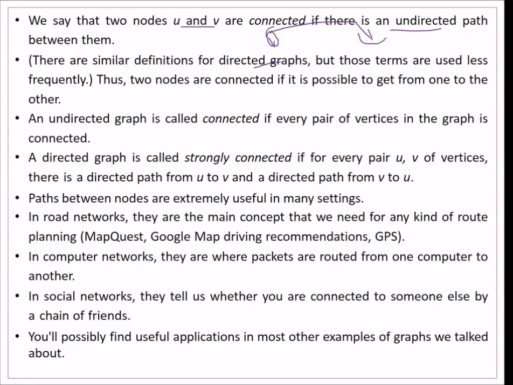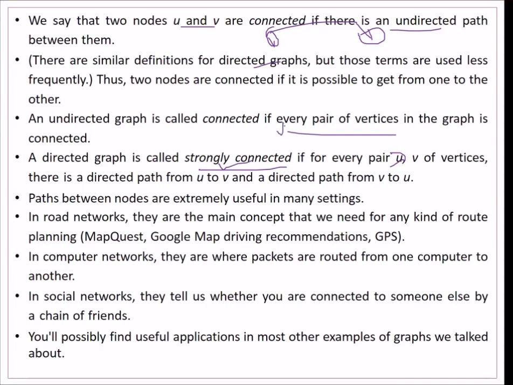An undirected graph is called connected if every pair of vertices in the graph is connected, while a directed graph is considered strongly connected if for every pair U and V of vertices, there is a directed path from U to V and a directed path from V to U. If both are available, then we term this directed graph strongly connected.